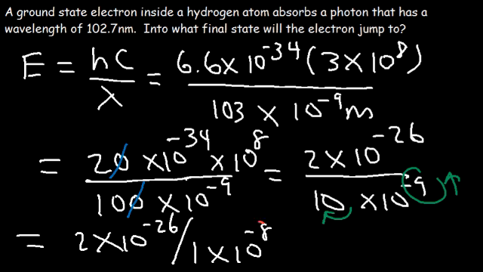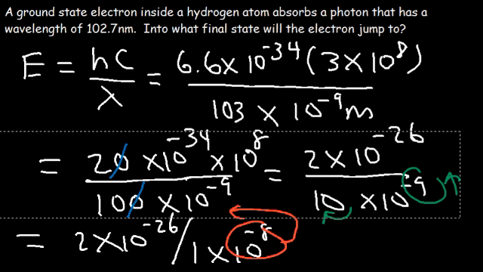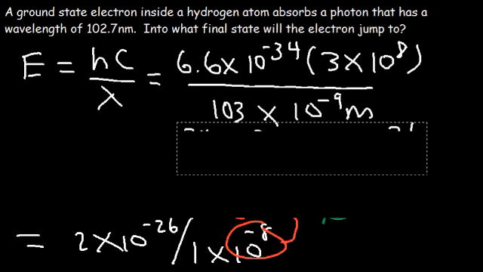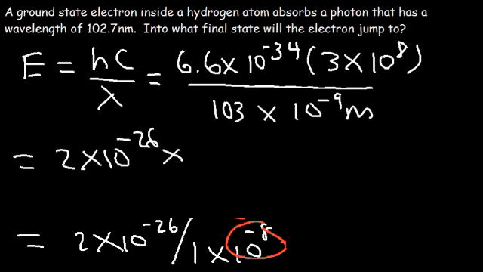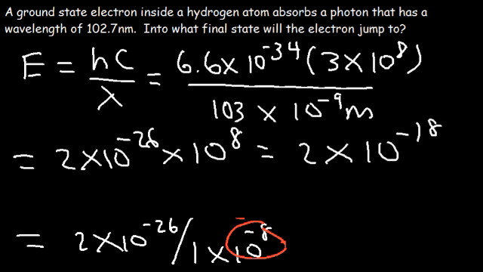So we can move this on top to make it positive 8. So what we now have is 2 times 10 to the negative 26 times 10 to the positive 8. And negative 26 plus 8, that's negative 18. So we should estimate the energy as being 2 times 10 to the negative 18 joules.